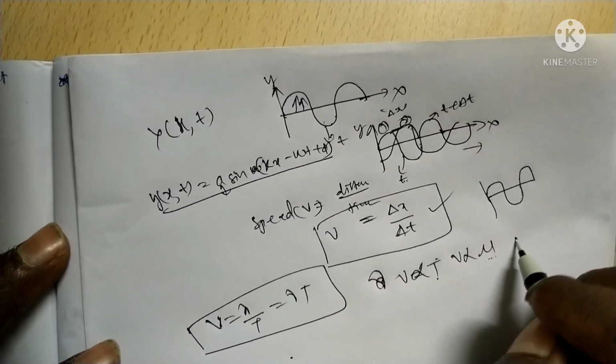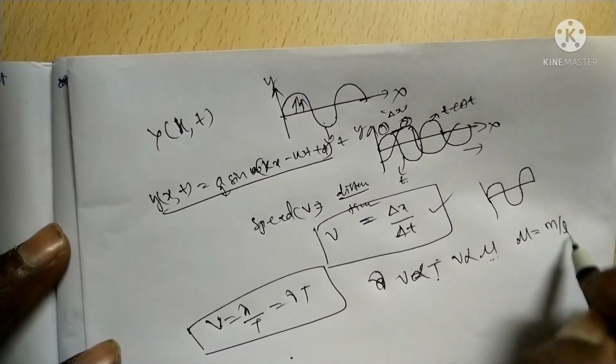The linear mass density mu is equal to mass by length.